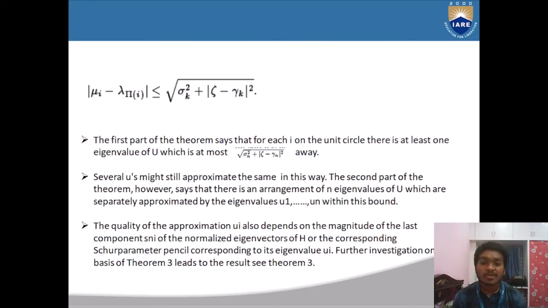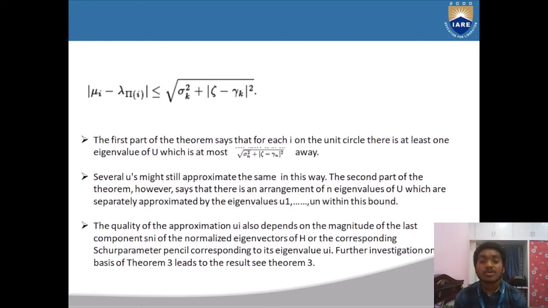The first part of the theorem says that for each mu i on the unit circle, there is at least one eigenvalue of U which is at most the square root of sigma n squared plus modulus of rho minus gamma n, whole squared, away. Several mu's might still approximate the same lambda in this way. The second part of the theorem, however, says that there is an arrangement of n eigenvalues of U which are separately approximated by the eigenvalues mu 1 to mu n.